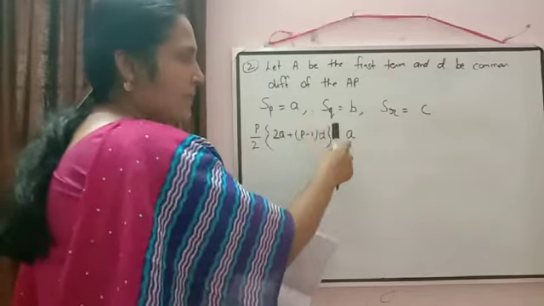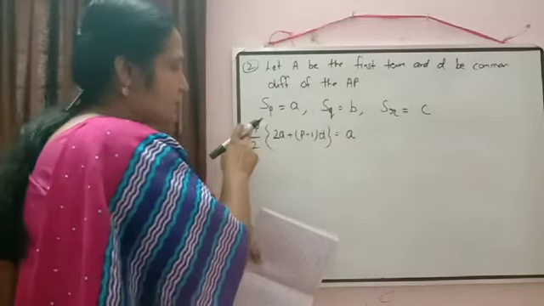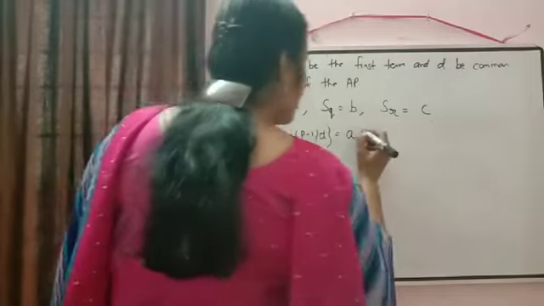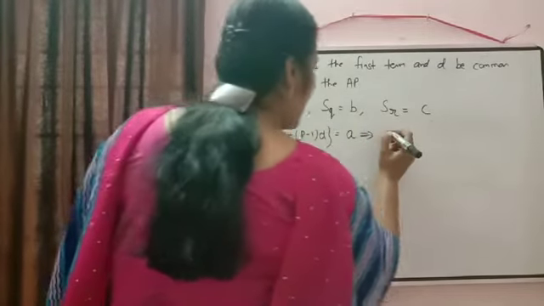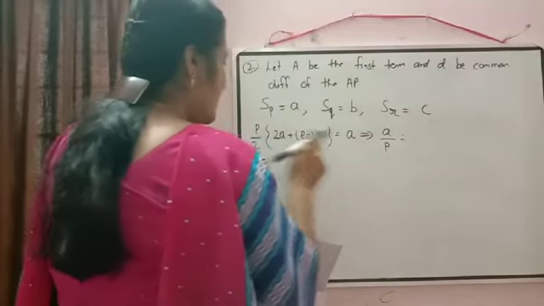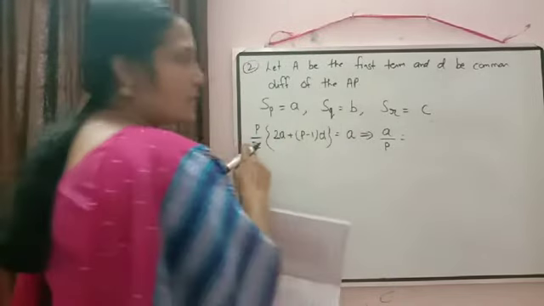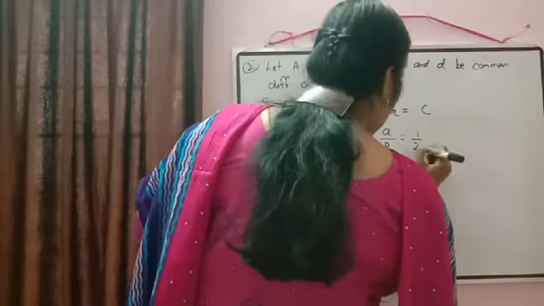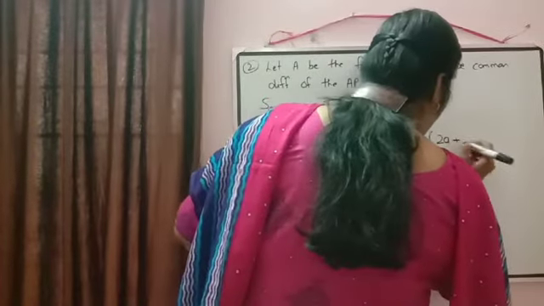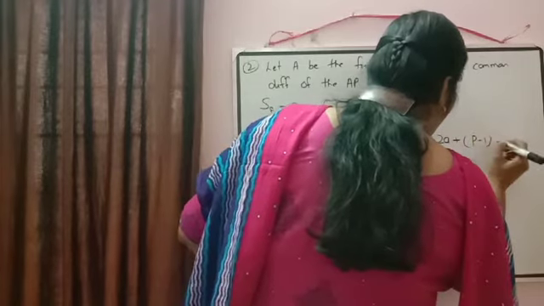By P means we need there. So this P, can we shift this P to right hand side? Yes. Then it will be a by P is equal to, here in denominator 2 is remaining, so we can write that as half of 2A plus P minus 1 into D.